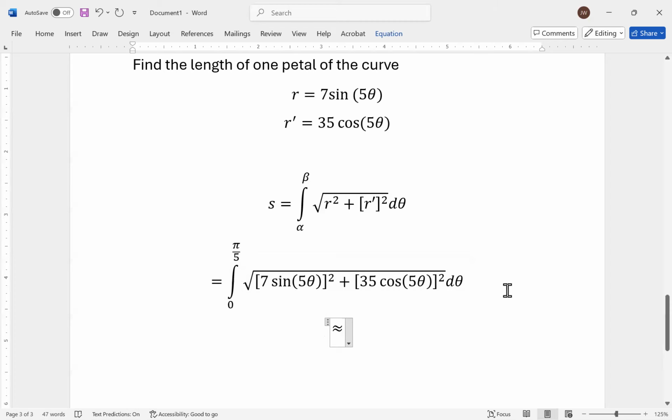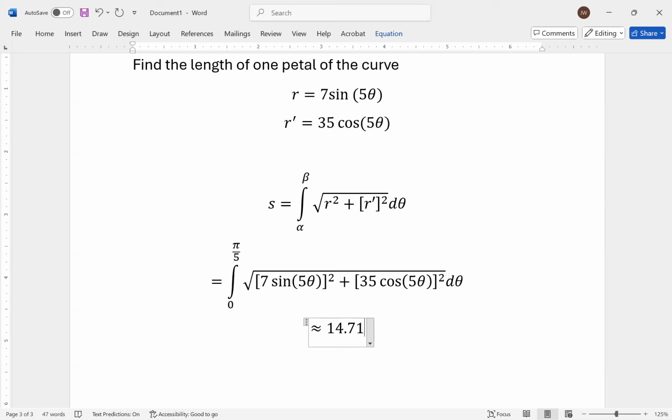The simplifications on this are not nearly as easy to do as the simplifications on the previous couple of examples. When I let my calculator do the thing, I ended up with about 14.71 as the length of one petal of that rose curve.